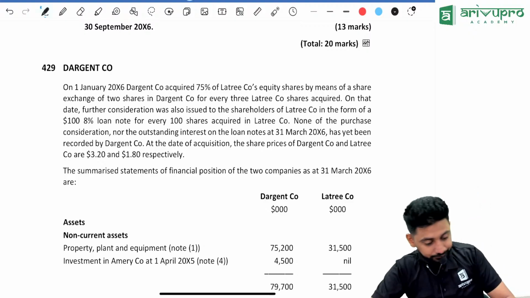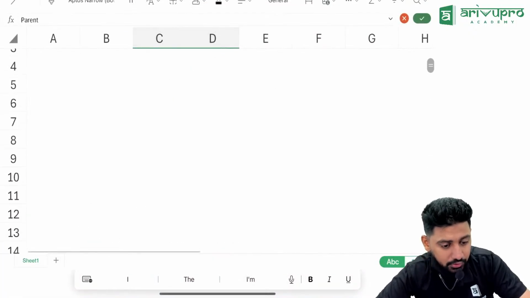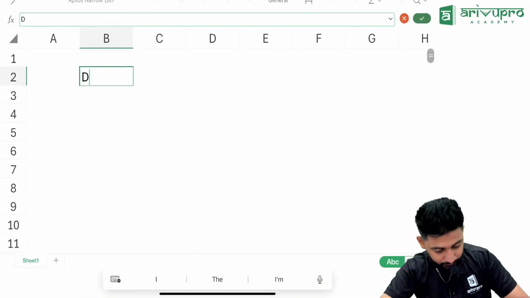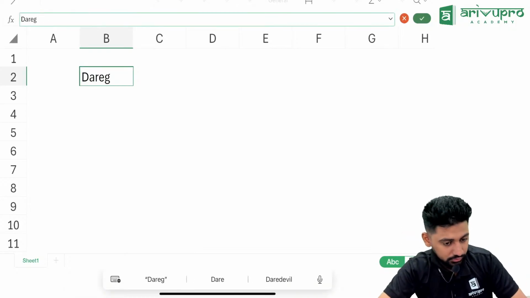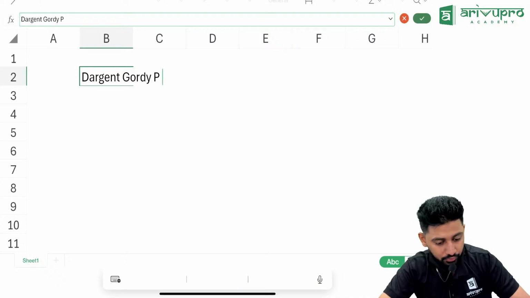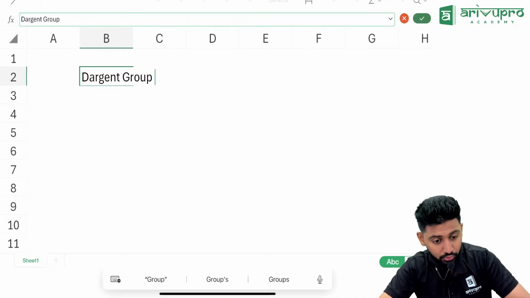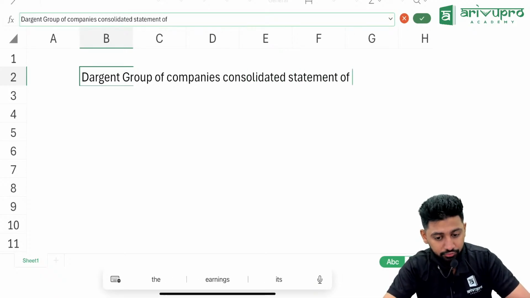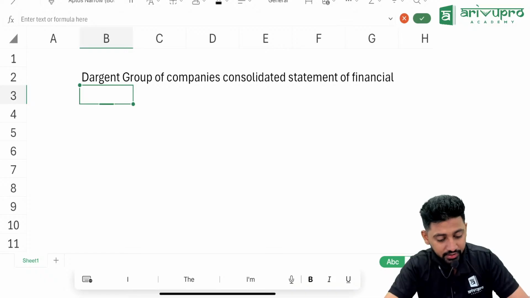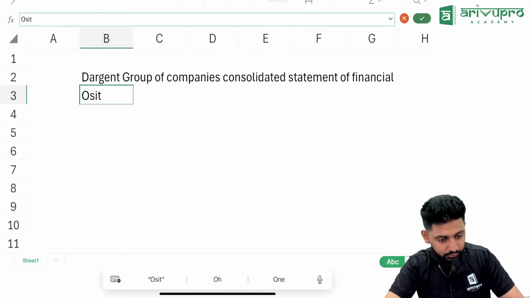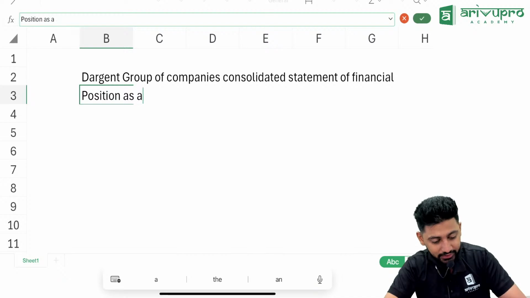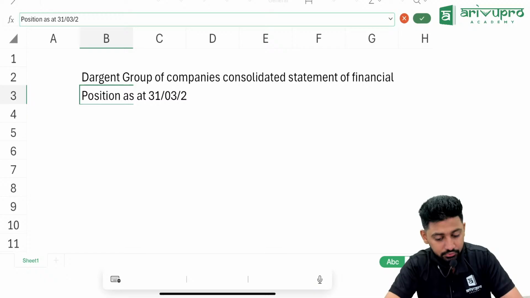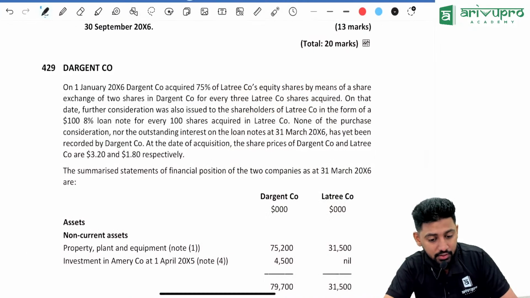Okay, coming back, I'm going to go to the top. I'm going to say Dargent group of companies, consolidated statement of financial position as at, what's the year end? 31st March 2016.